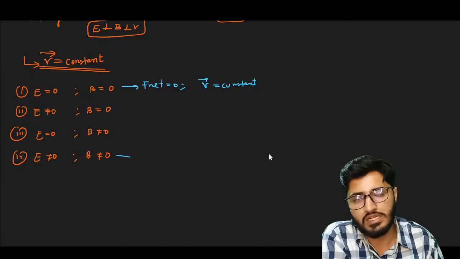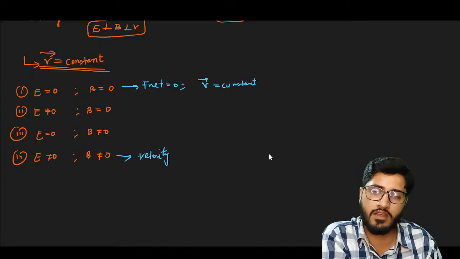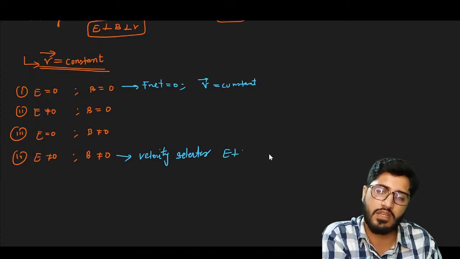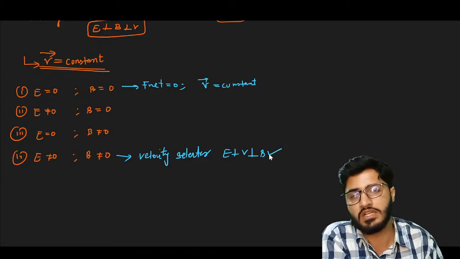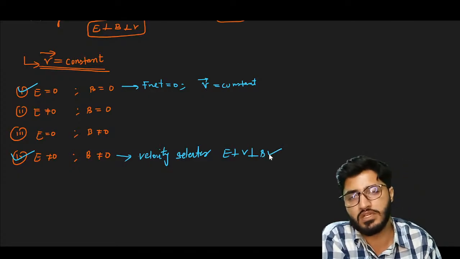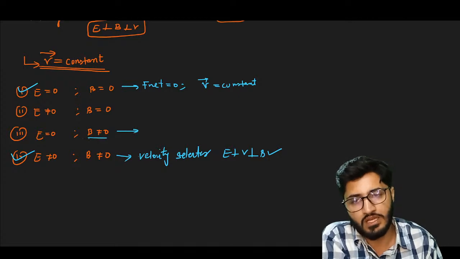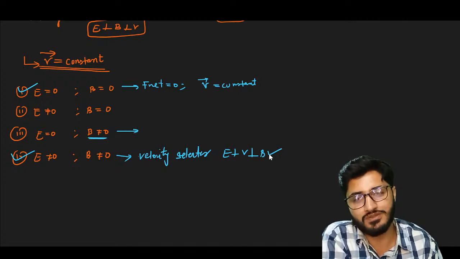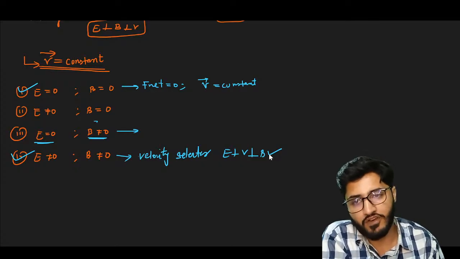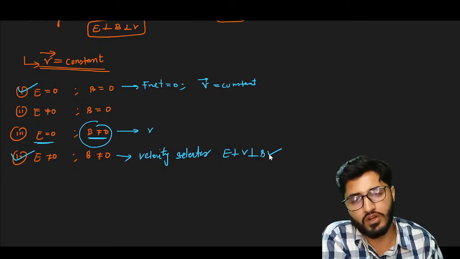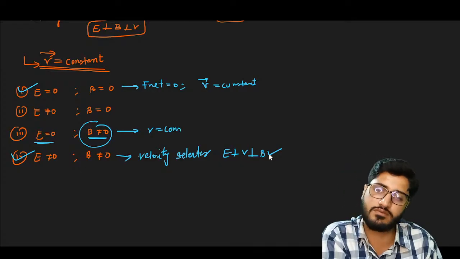This thing we concluded now. Which is the velocity selector case? Velocity selector means E perpendicular to V, V perpendicular to B. Yes, this one is possible. If B is not 0 but E is 0, we know that work done by the magnetic field is 0, so velocity is constant.